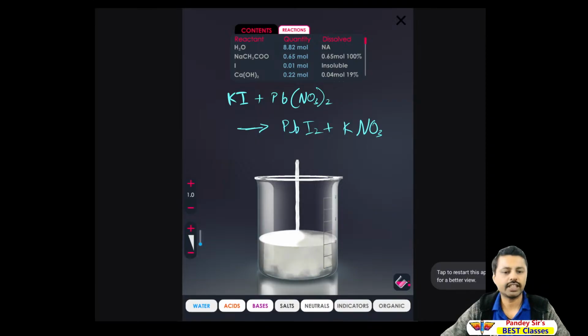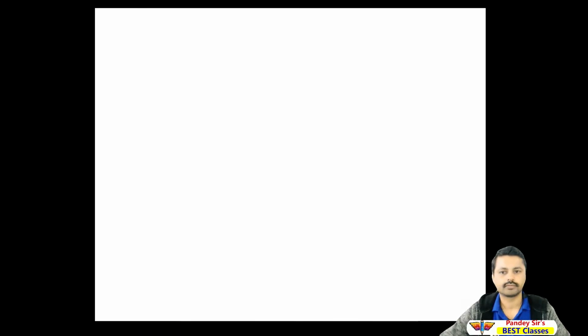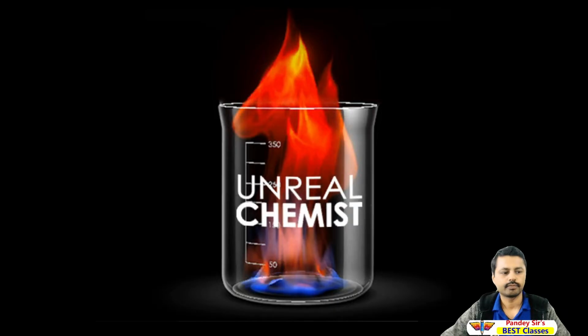So one more reaction I want to do before finishing it off. And let's burn something now. Yeah, that sounds more interesting. So let's see what we can burn. I said burn, not the burning symbol.